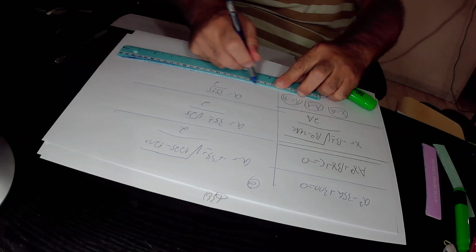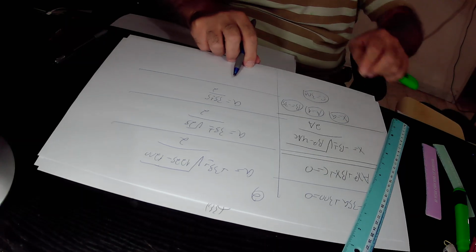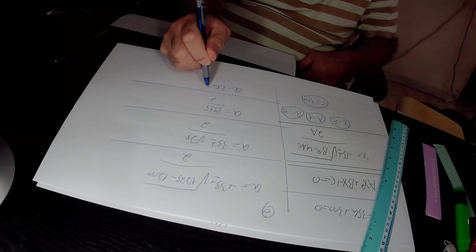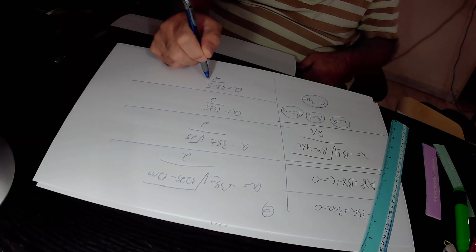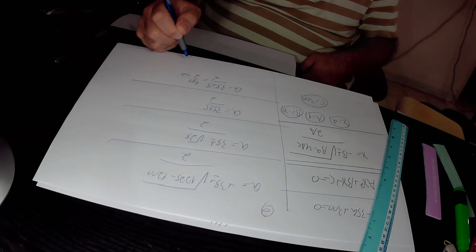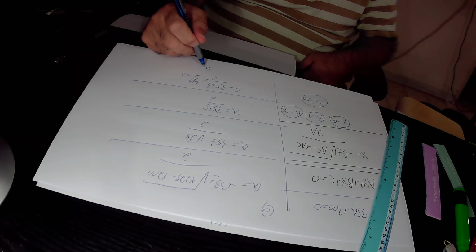So here we have two possible solutions for a. The first solution for a is that a equals 35 plus 5 over 2. 35 plus 5 is 40 and 40 over 2 is 20. So the first solution for a is that a equals 20.